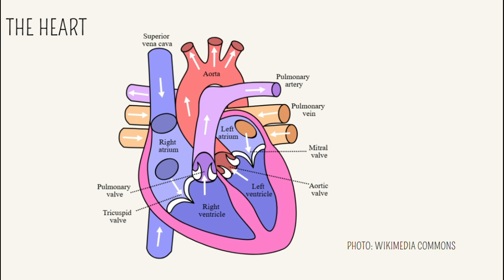So you have the superior vena cava, the right atrium, right ventricle, left atrium, left ventricle, pulmonary artery, pulmonary vein, the mitral valve, aortic valve, pulmonary valve, tricuspid valve, which prevent the backflow of blood. All of these parts of the heart are very, very important, and we're going to talk about how all of this works in just a second.